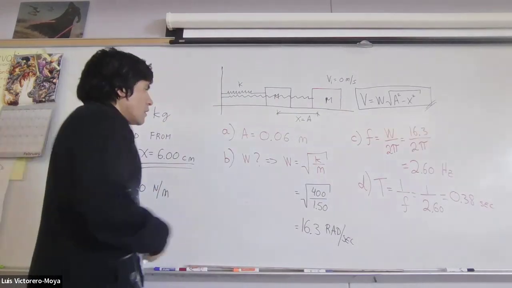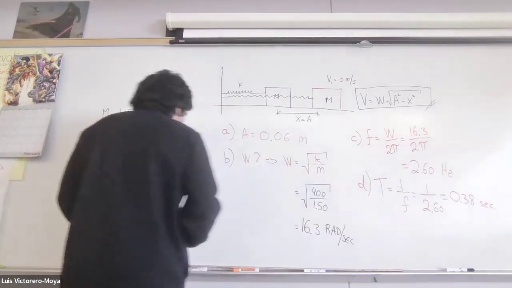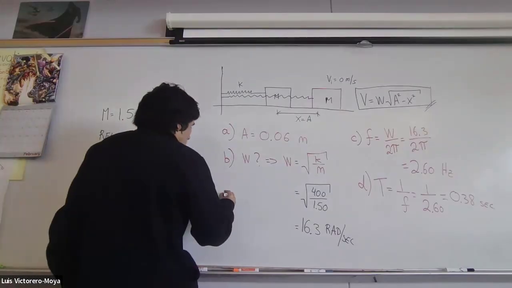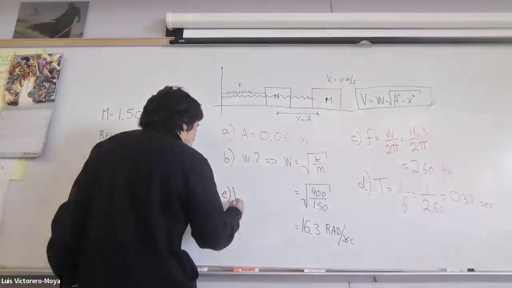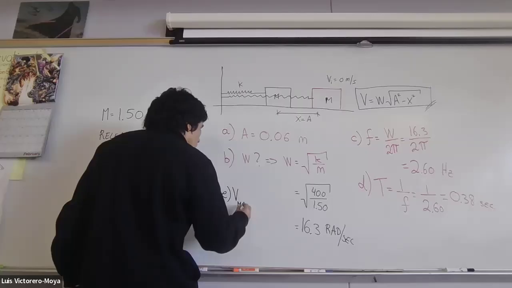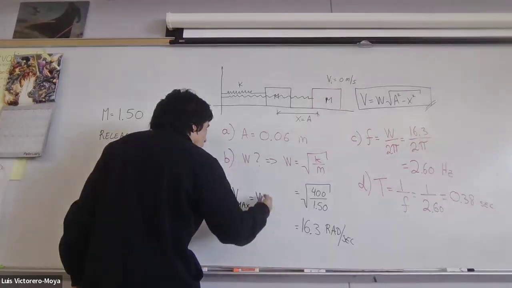Maximum velocity, WA. So let's do it here. V max is WA.